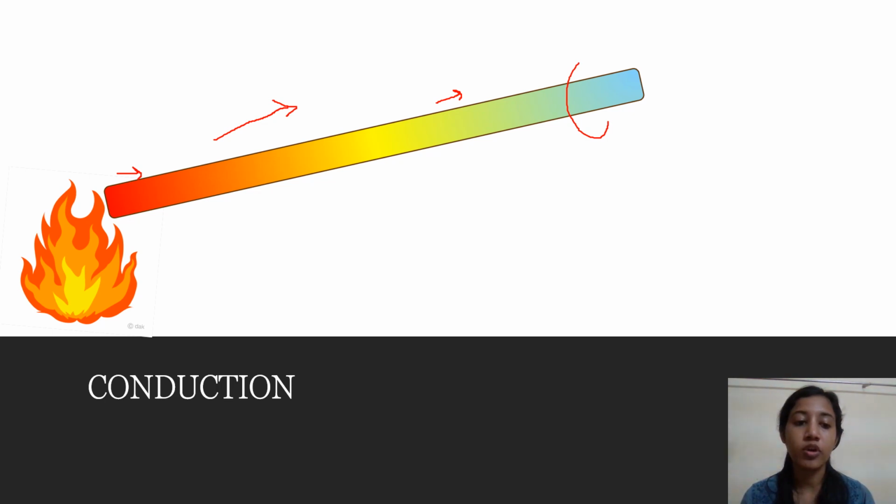Because of the vibration of the molecules present here, these molecules will be making the other molecules vibrate. And due to the vibration of atoms and molecules, we know there will be an energy produced, and this is known as heat energy.